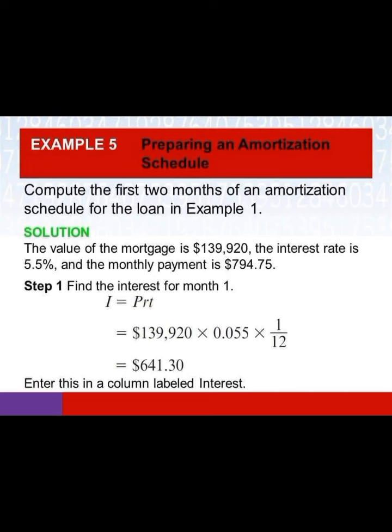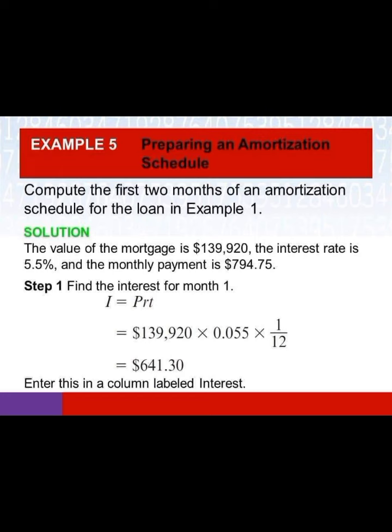We're going to compute the first 2 months of the amortization schedule for the loan in example 1. So the solution: the value of the mortgage is $139,920, the interest rate is 5.5%, and the monthly payment is $794.75. So step 1, we find the interest for month 1.